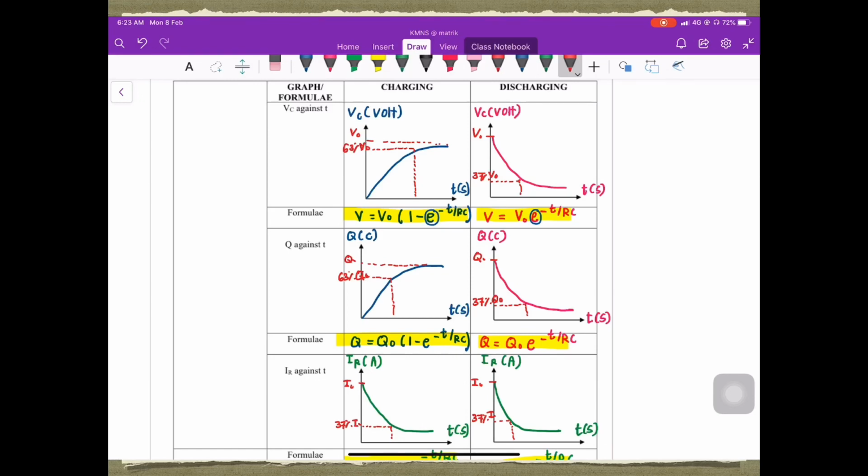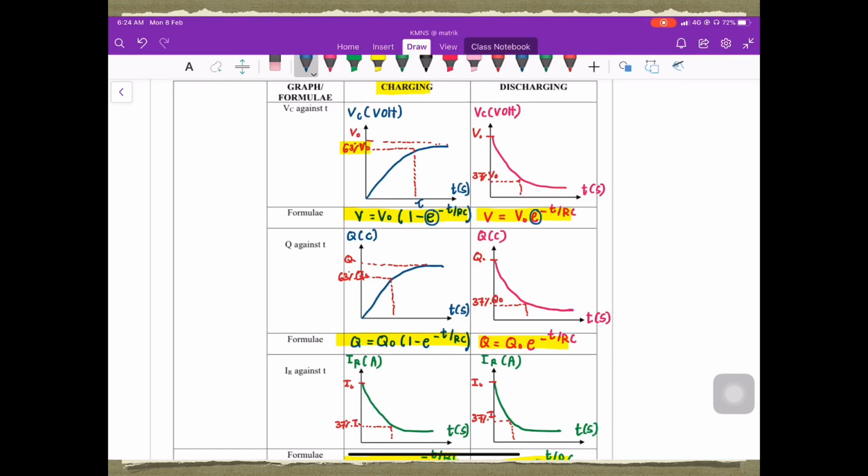Now, let me show you the meaning of time constant. For the charging process, the potential difference across the capacitor must reach 63% of V0, and this time taken we call the time constant.